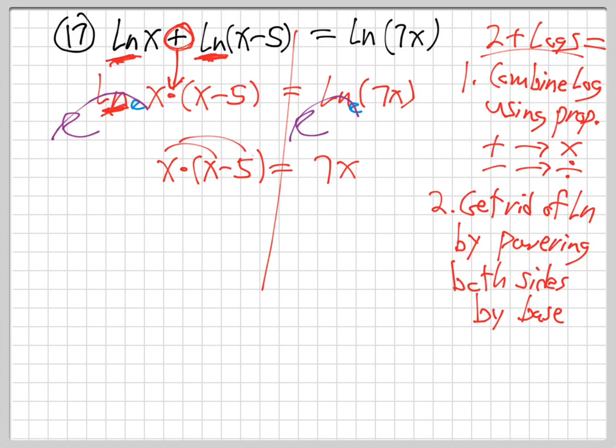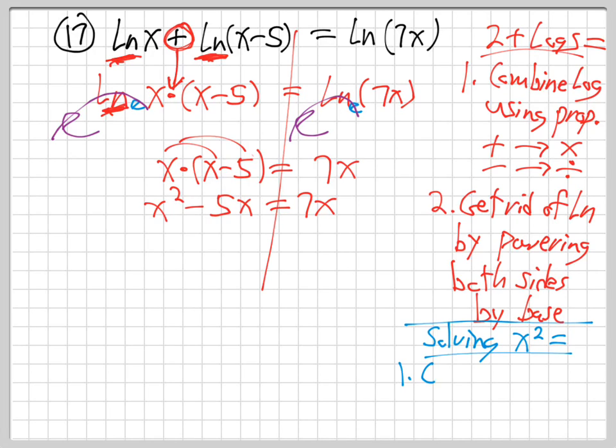And now if we distribute this, we get x squared minus 5x is 7x. Now what are we supposed to do to solve this thing? Well, we go into a whole new game plan now. Solving x squared with an equal sign.